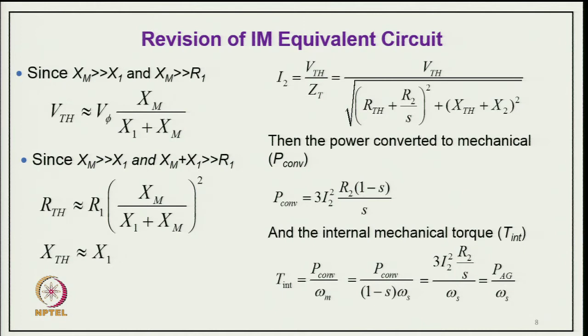So, this will be P converted divided by (1 minus S) into omega S, or 3 I2 square R2 by S into omega S, or P AG divided by omega S. That is how it represents the torque finally after cancelling all the terms here.